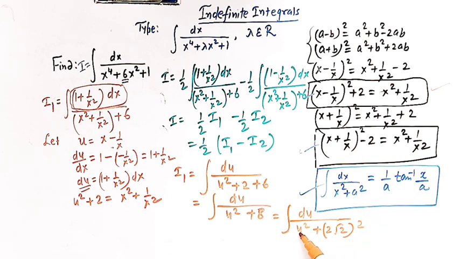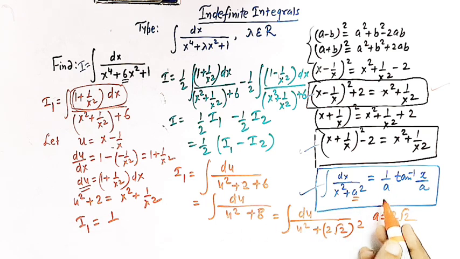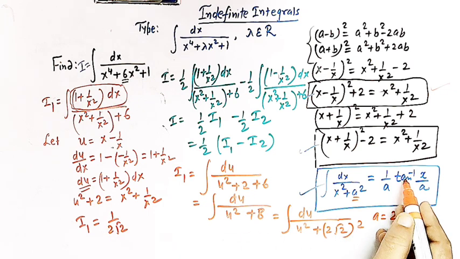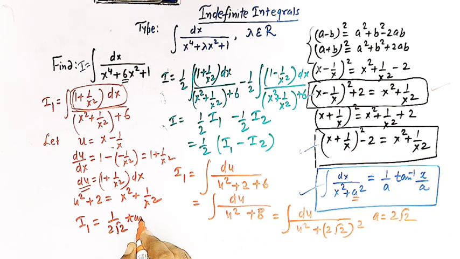Here the variable is u, and the value of a is equal to 2 root 2. So the value of I1 is now equal to 1 over a, a is 2 root 2, and here we have tan inverse x over a. For x we have u, and for a we have 2 root 2.